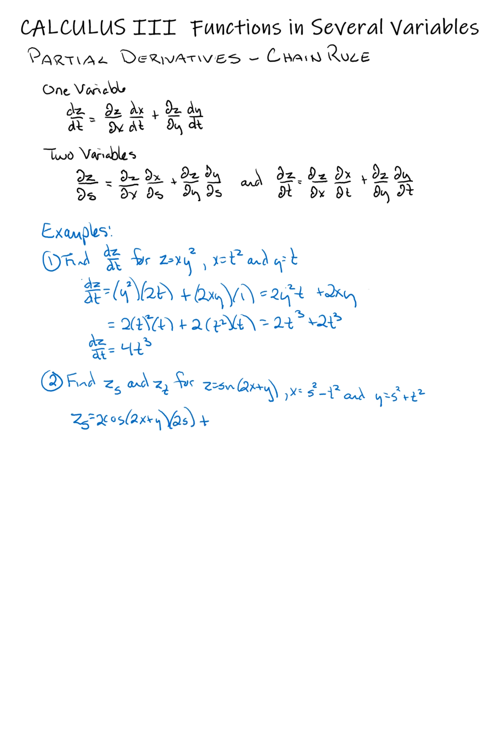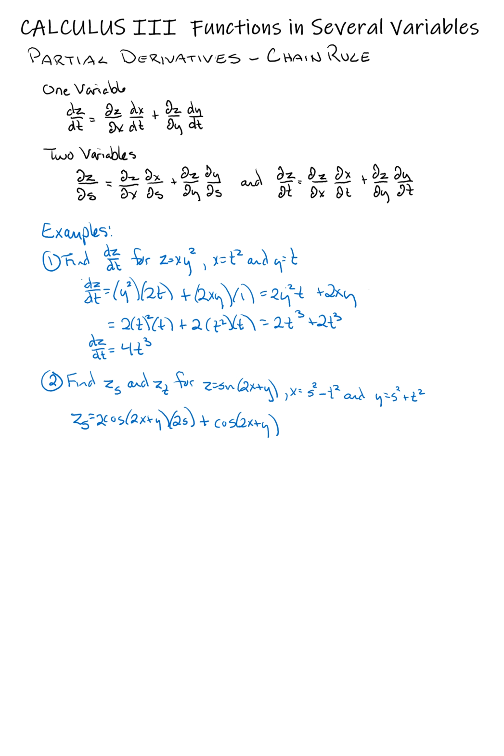Plus, now we're going to look at everything in terms of y's. So I'm going to take the partial with respect to y, and then I'm going to take the partial of y with respect to s. So that's going to be cosine of 2x plus y. No chain rule here.